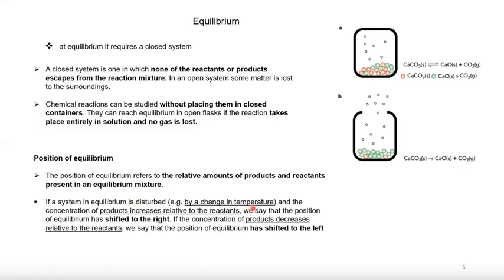By a change in temperature or in concentration. If the concentration of the products increases relative to the reactants, we say that the position of equilibrium has shifted to the right. If the concentration of product decreases relative to the reactant, then we say that the position of the equilibrium has shifted to the left. Mind it, we can shift the position of the equilibrium to the right or to the left depending on concentration and change in temperature too.